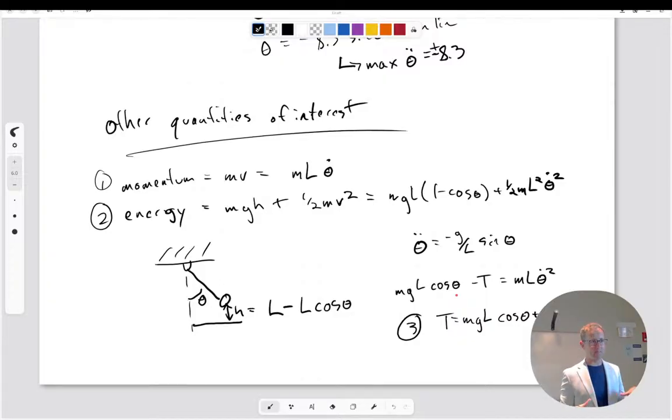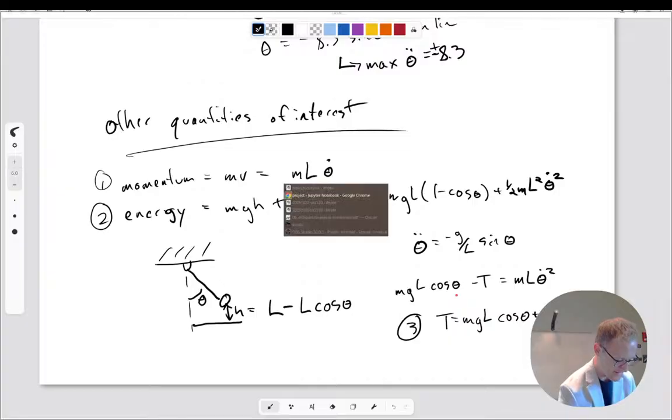I'll do one example and then leave, and we can call it a day. One, 2, or 3. Who says 1? Momentum, like plotting, okay. Or energy, look at what the energy is, or tension, like how much tension do we have? Okay. Let's look at tension, see what the difference is.